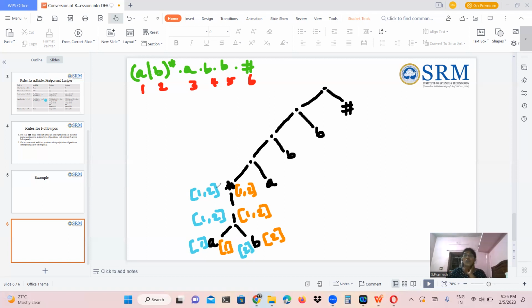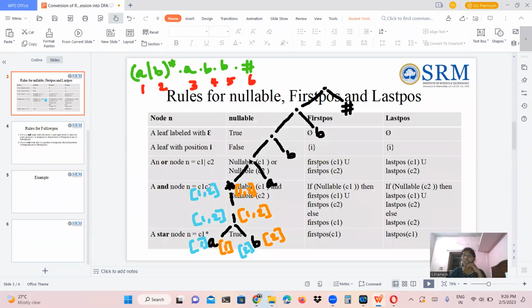That I'll tell you. Here you can check it. If nullable of C1, the left child, then combine together first position of C1 union first position of C2. If it is not nullable, you have to take only first position of C2. The same rule for last position calculation. If nullable of C2, then you have to take last position of C1 union last position of C2, else you have to take last position of C2.